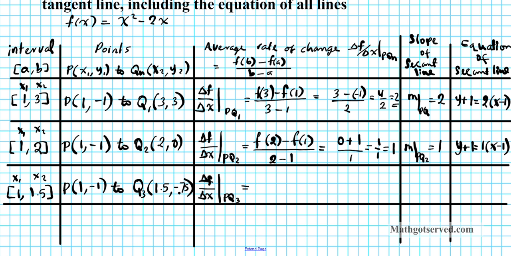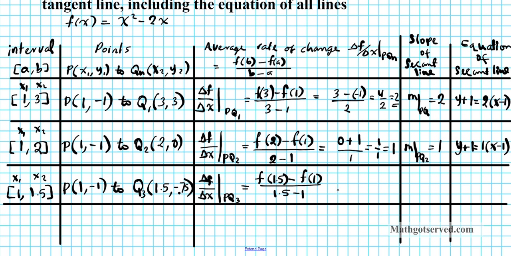So that's going to be f of b, which is 1.5, minus f of a, which is 1, divided by b minus a, which is 1.5 minus 1.